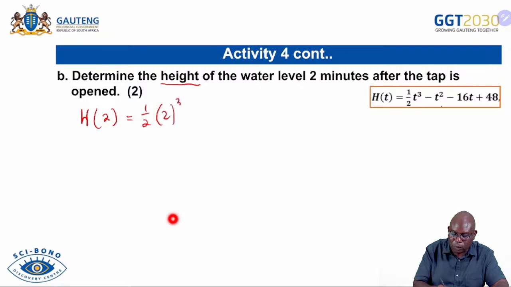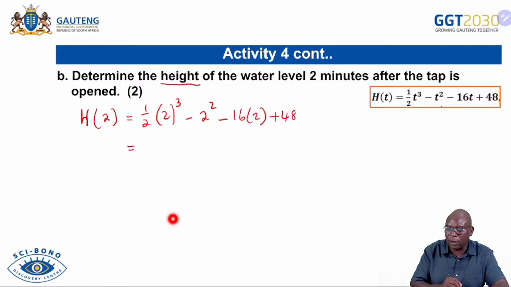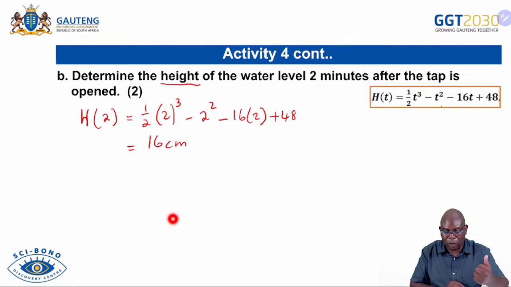So I'll get 2 cubed minus 2 squared minus 16 times 2 plus 48. Then if I use my calculator, I'll get 16 centimeters. So the height 2 minutes after the tap has been opened will now be 16. It was 48 at the beginning. Now it has dropped to 16 because the tap has been opened and we are counting in 2 minutes.